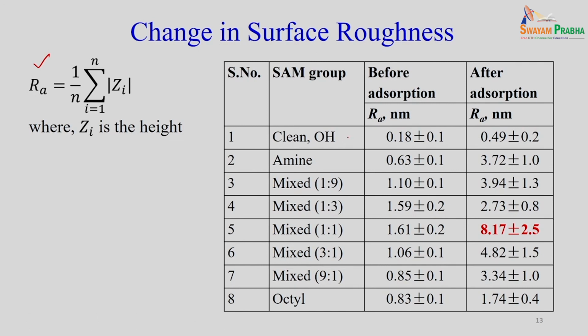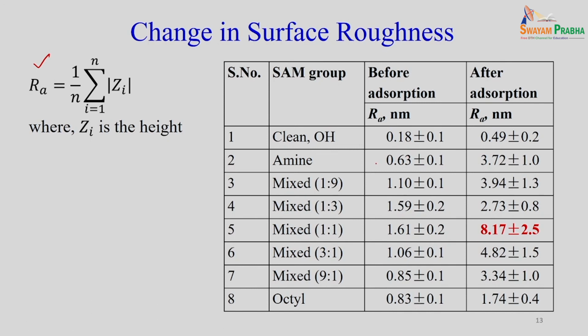So, for a clean glass surface, the average height was 0.18 nanometer, and due to the formation of different self assembled monolayers, because of the height of that particular surface modifying agent, we can see there is an increase in the surface roughness.